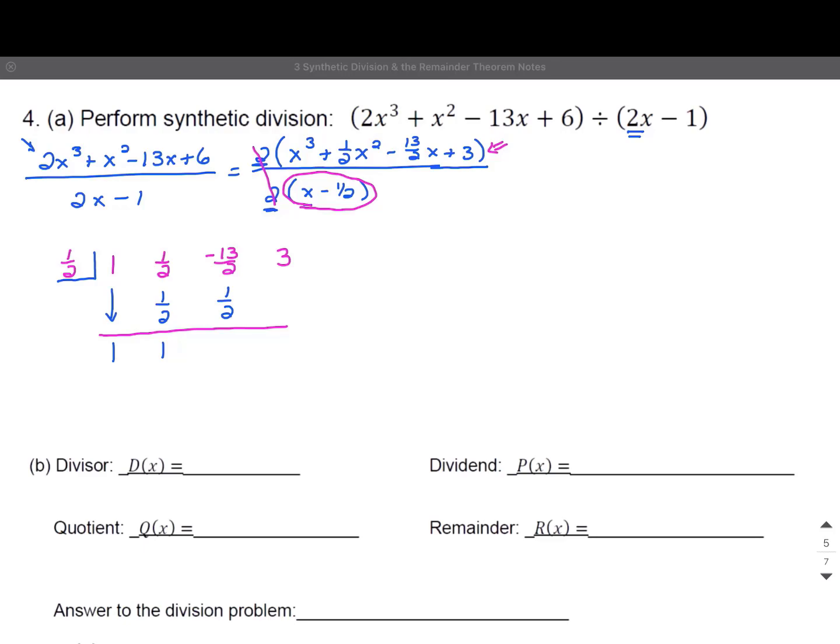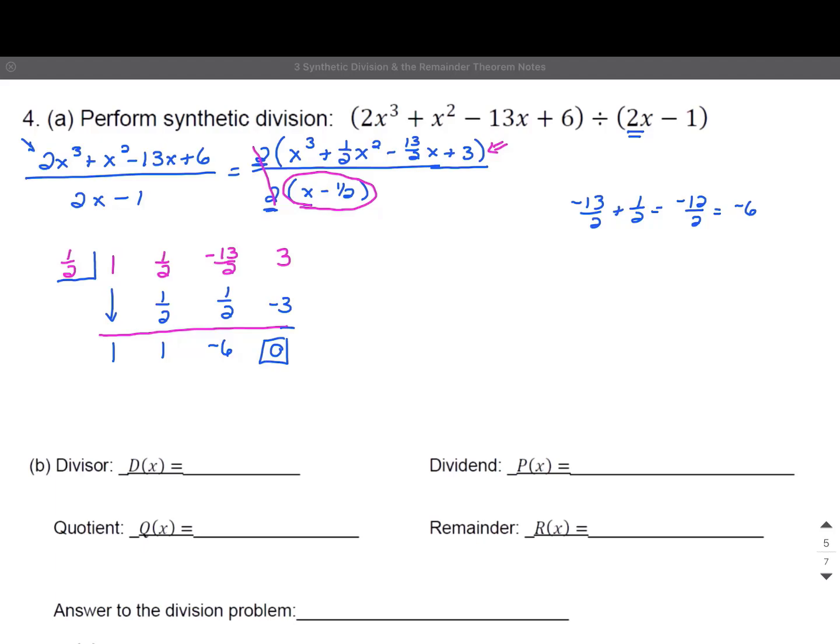Now, if I have negative 13/2, I'll write it over here, negative 13/2 plus 1/2. That's negative 12/2, but negative 12/2 is just negative 6, isn't it? And then 1/2 times negative 6 is negative 3, and if I add that up, I get 0.